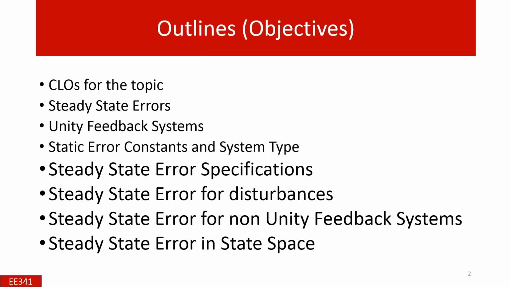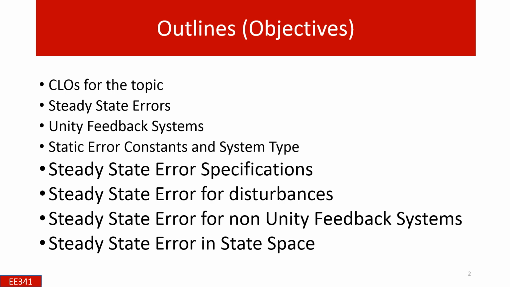We start with a review of the CLOs related to the lecture, definitions, and some basic formulas of steady state error, and review the part on unity feedback systems relevant to steady state error.